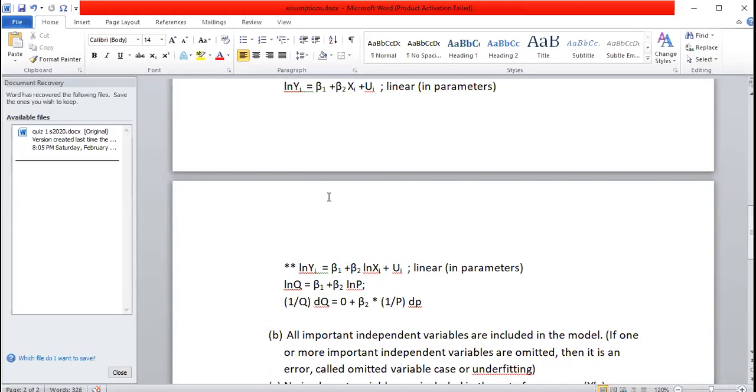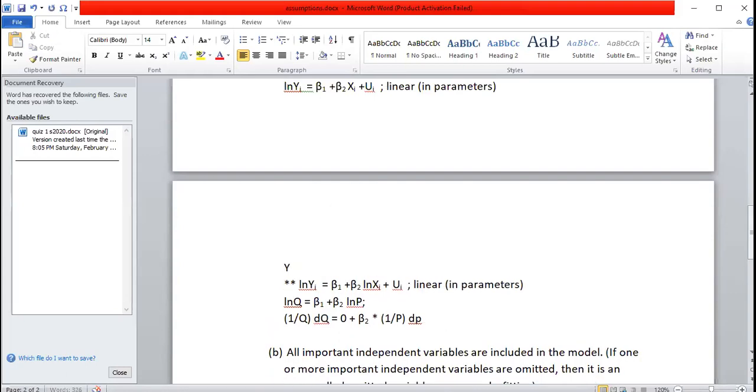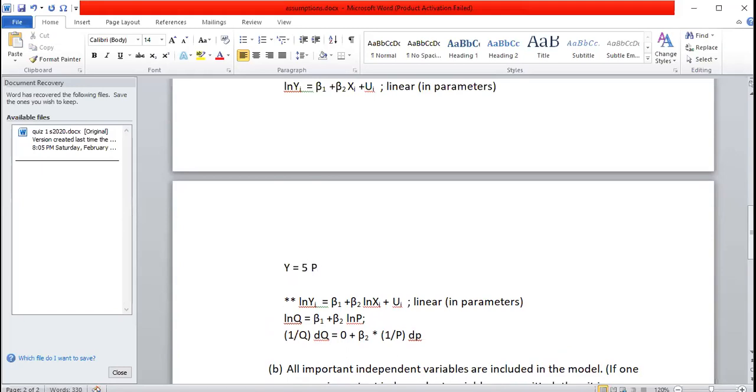Let's say y equals 5p. Then dy would be what? 5 dp.